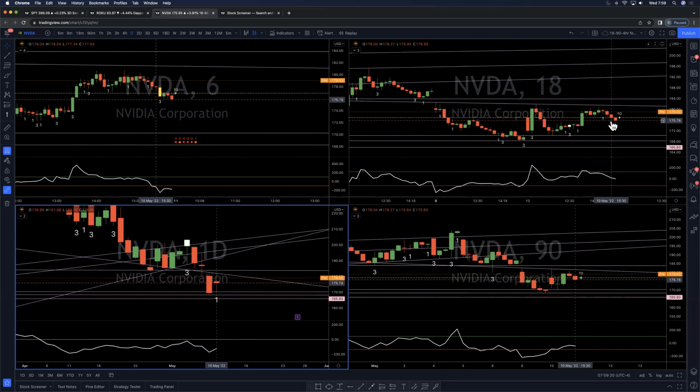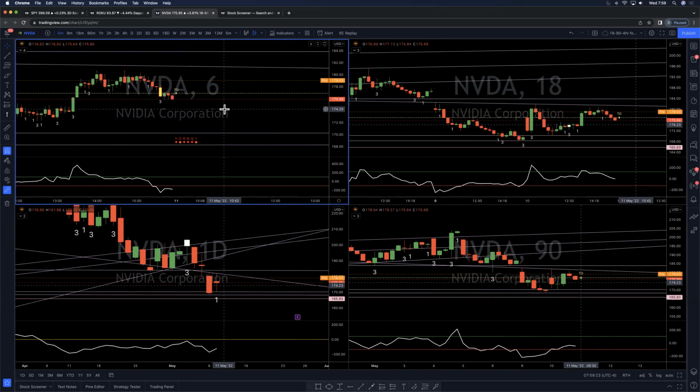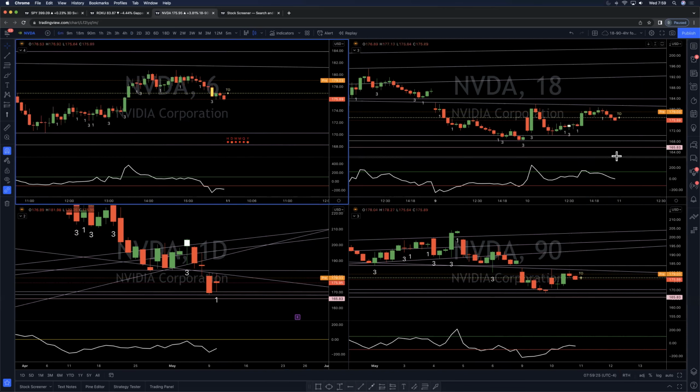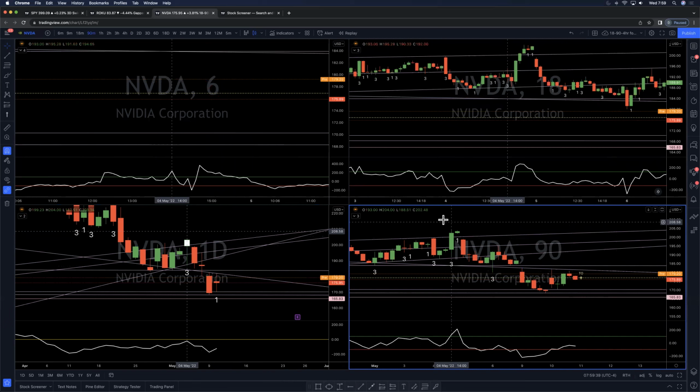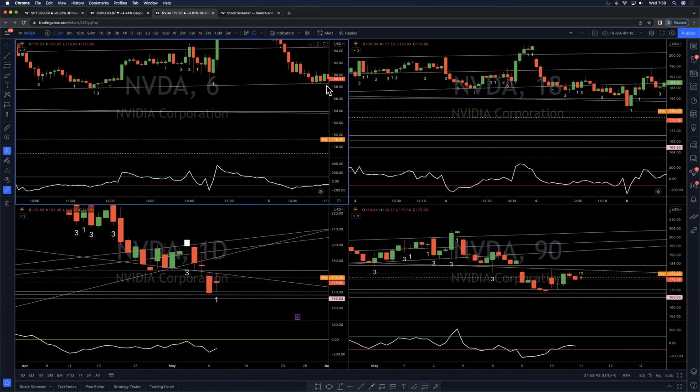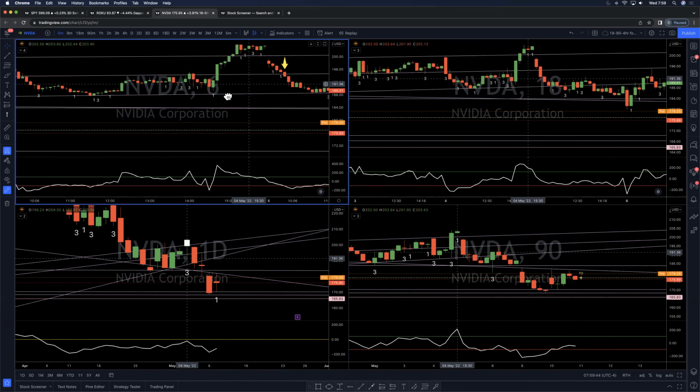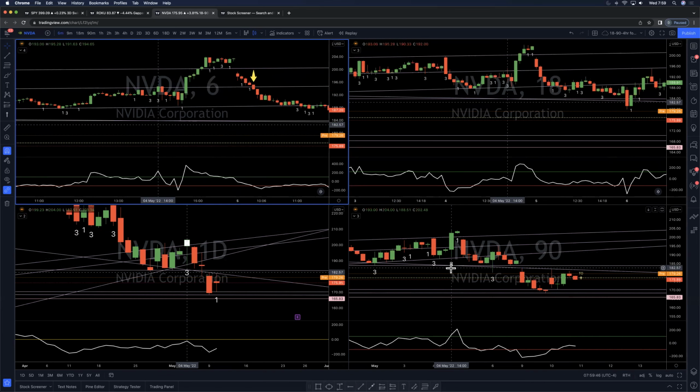What I'm looking for is my CCI on my 6 and my 18. If I can see price action and the 90, if there's big volume and this 90 crosses above 100, like it did here, then I'm looking to get into this market on a TTO.